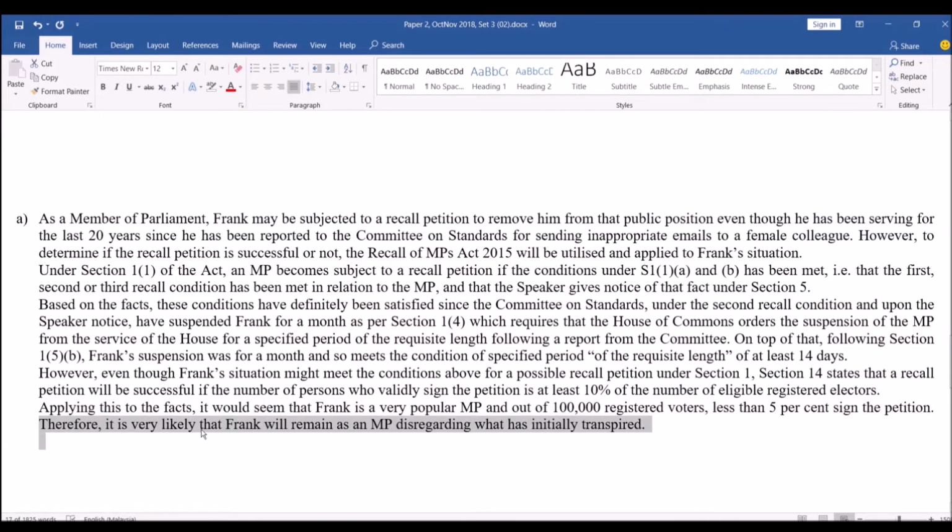So as you can see, the conclusion is usually at the end and not in the beginning. Alright, so this is for question A.